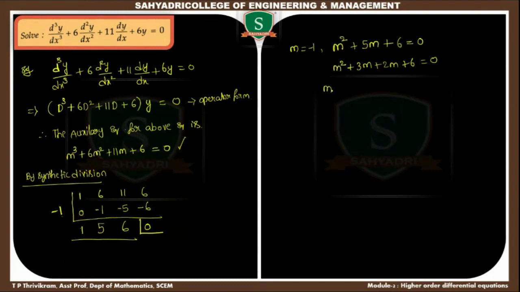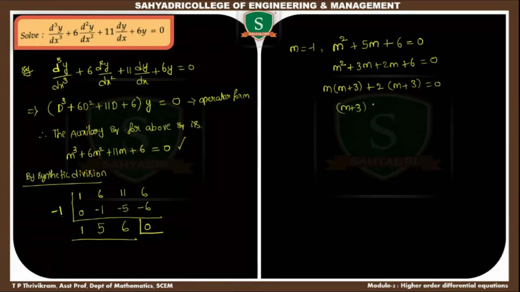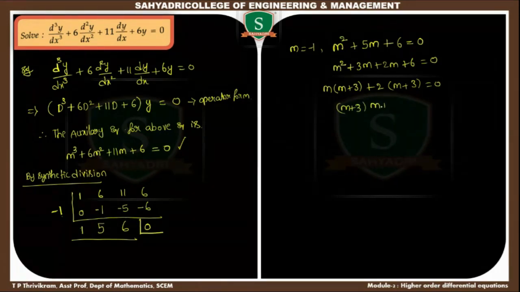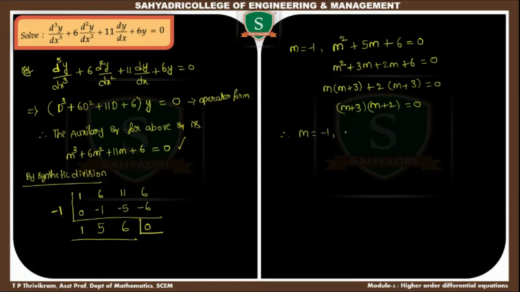Take m common, m plus 3; plus 2 common, m plus 3. If you take m plus 3 common again, into m plus 2 equal to 0. Therefore the roots for m are minus 1, m equal to minus 3, similarly m equal to minus 2.